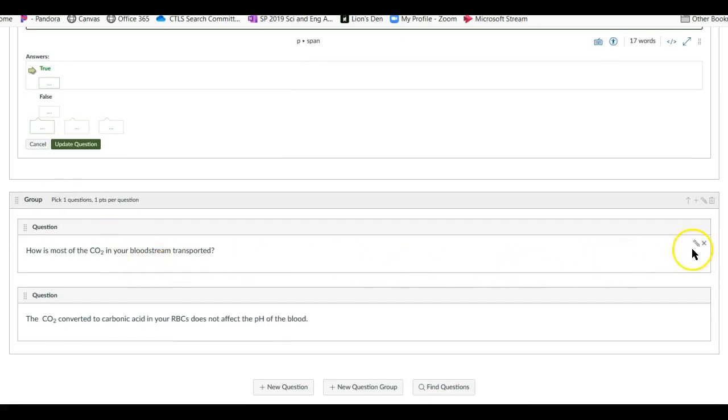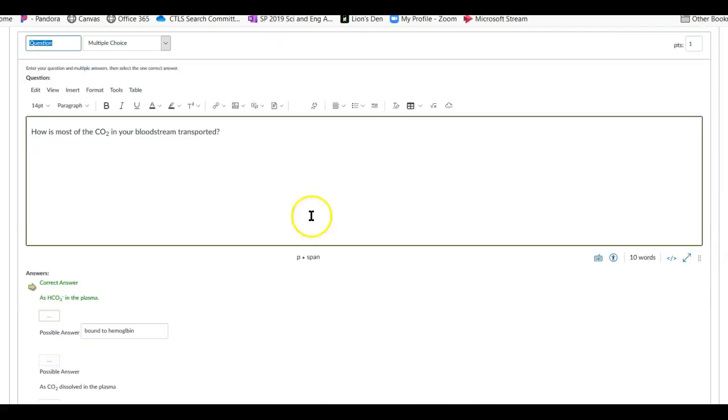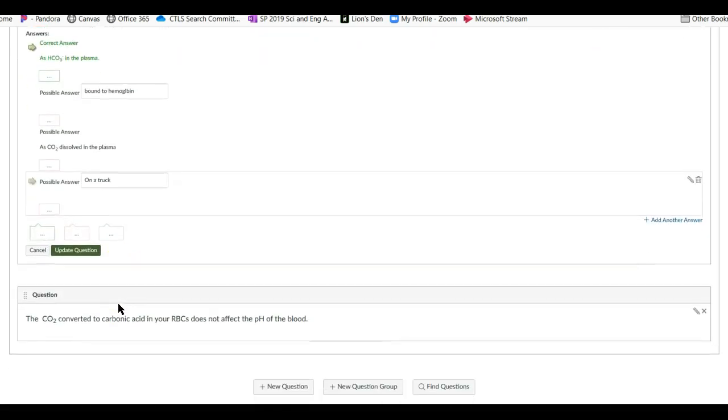Then, how is most of the CO2 transported in your bloodstream? As bicarbonate in the plasma, this HCO3 minus ion. And we'll go back and go over the PowerPoints for this. The CO2 converted to carbonic acid in your red blood cells does not affect the pH of blood. This is true.